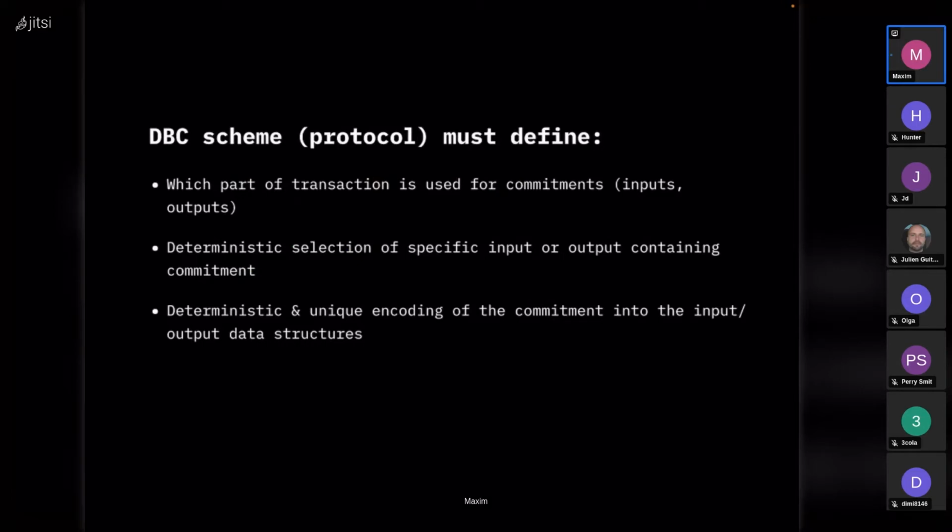So a proper deterministic Bitcoin commitment scheme must define which part of the transaction is used for commitments. Is it the input or output part? It must provide a deterministic selection of the specific input or output number that contains a commitment, and it must also deterministically encode the commitment into the output or input data structures.